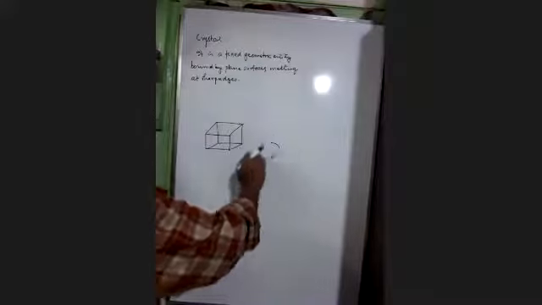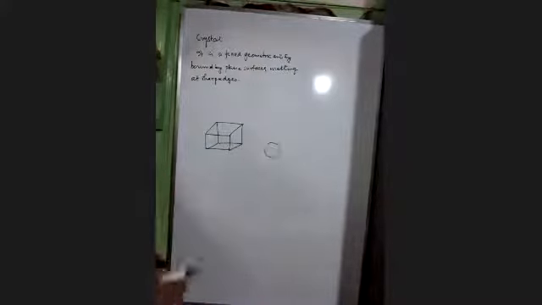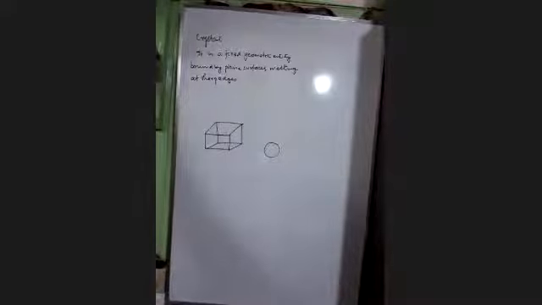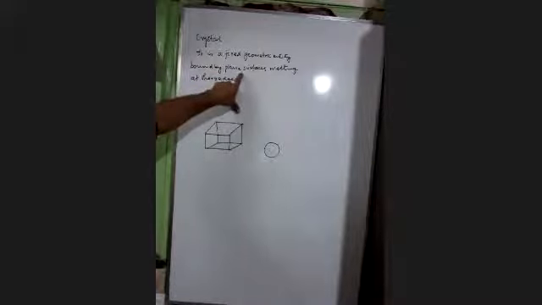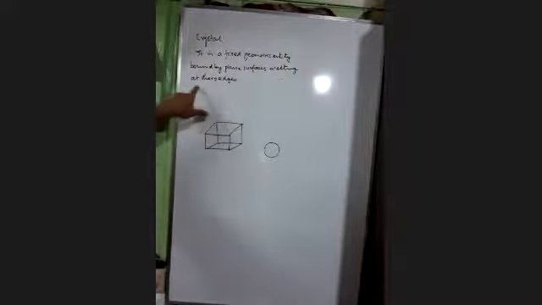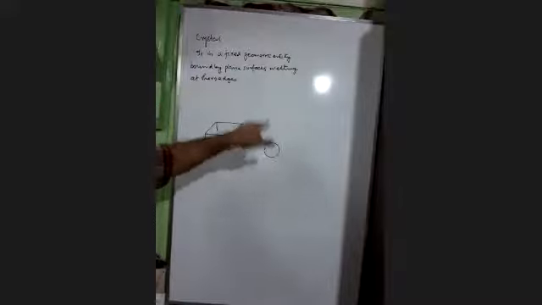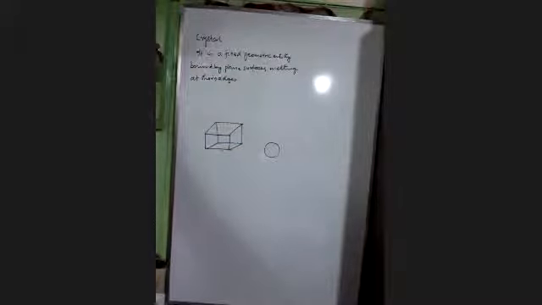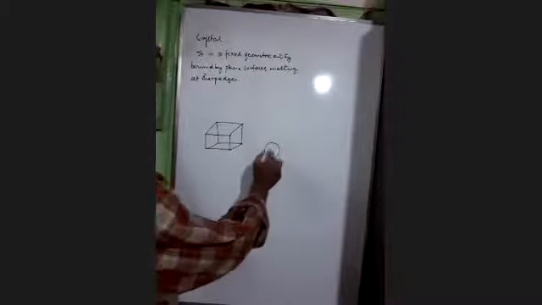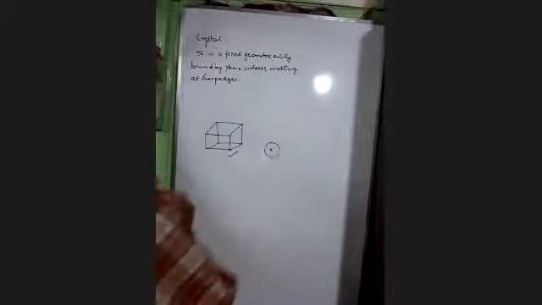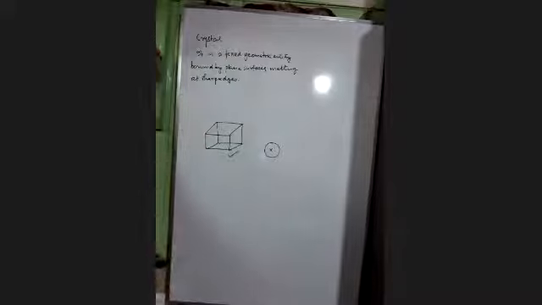See here, this spherical object is also smooth, but what does the definition say? Bound by plane surfaces, meeting at sharp edges. So a sphere does not have any sharp edge. So this is not a crystal, this is a crystal. So please write these small definitions which I feel are easy for you to remember.